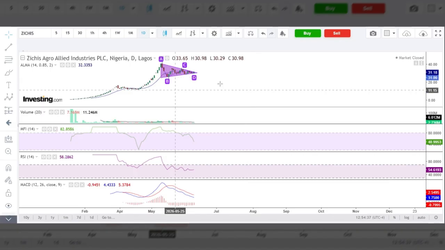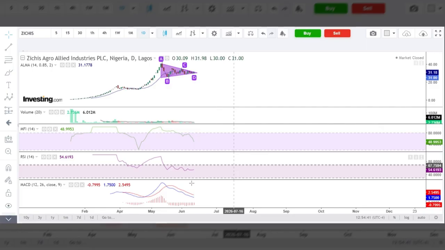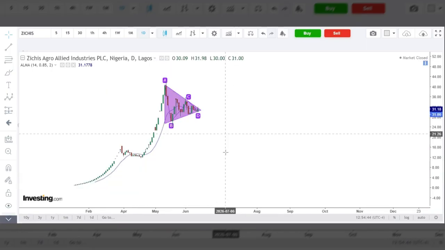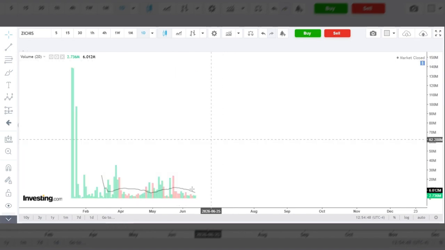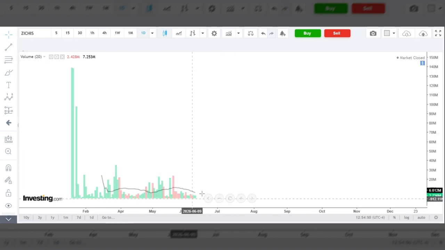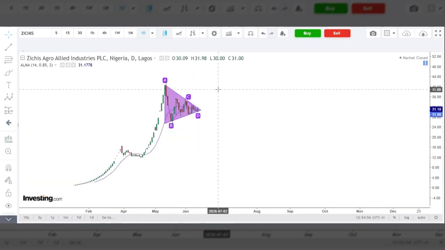Me, I have very strong faith in a setup like this, based on all the indications. Even though the volume is low, the market still has potential.